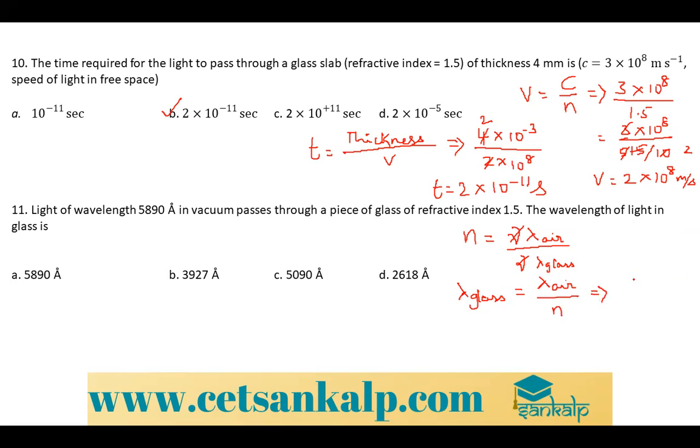So 5890 divided by 1.5. So it is 5890 divided by 15 by 10.